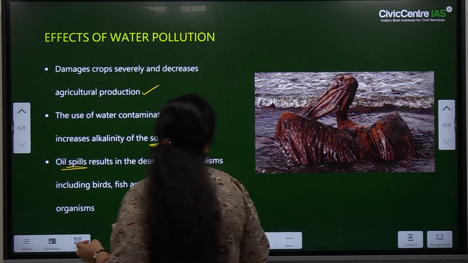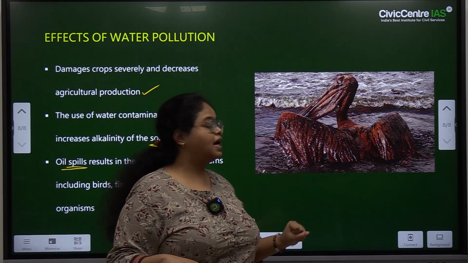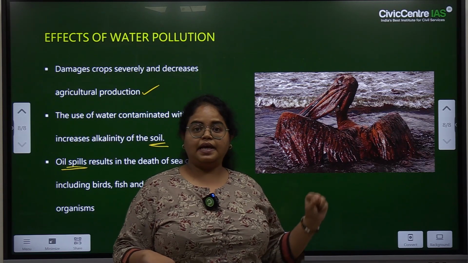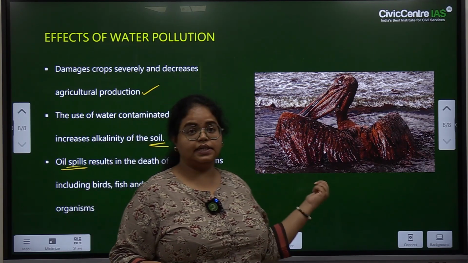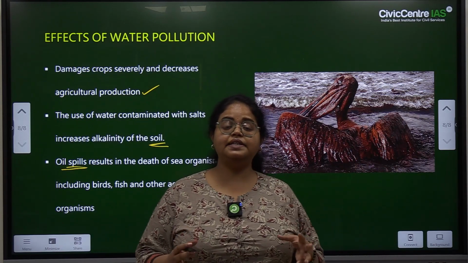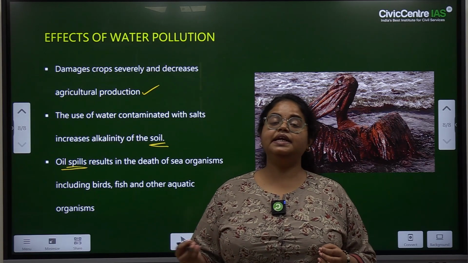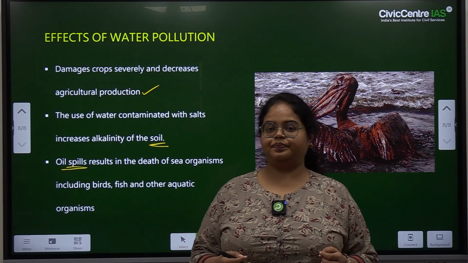You can see in this picture that the whole body of this bird is covered with oil, and the same happened with the turtles in the Sundarbans. So these oil spills have adversely affected aquatic life, and hence they need much more regulation.